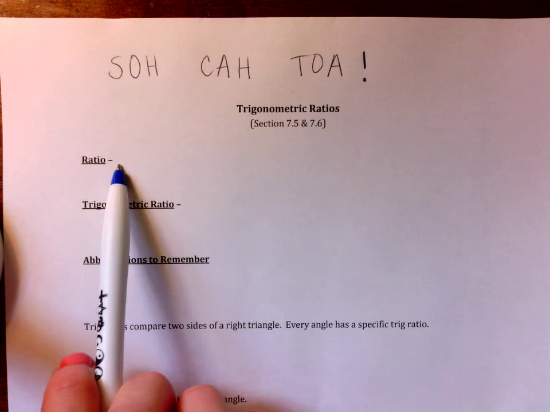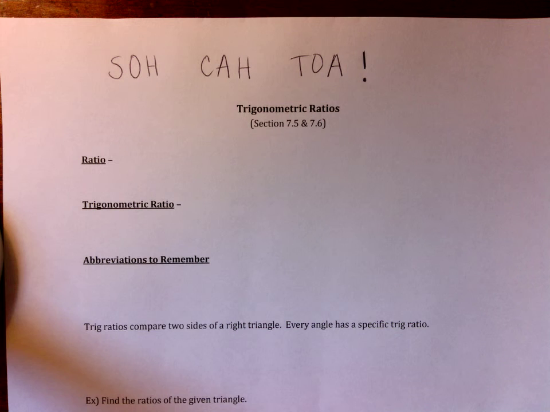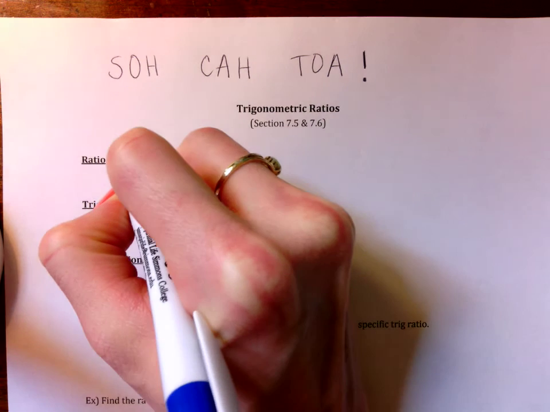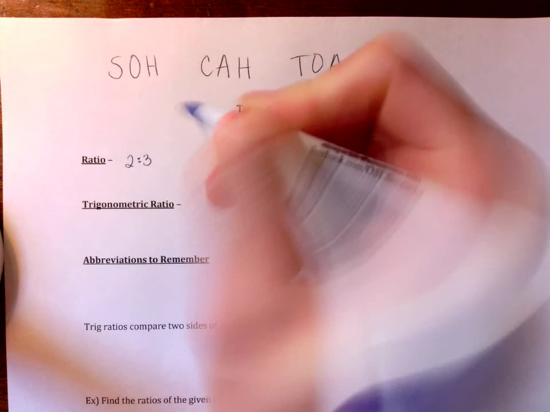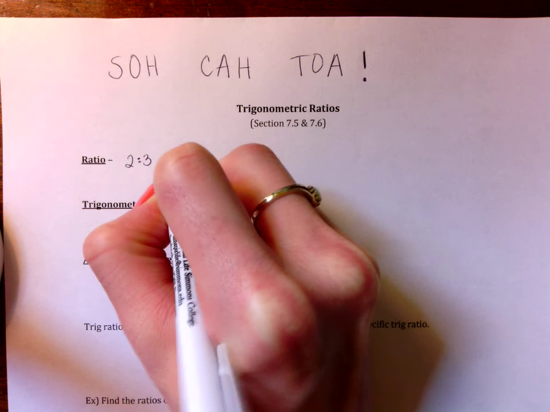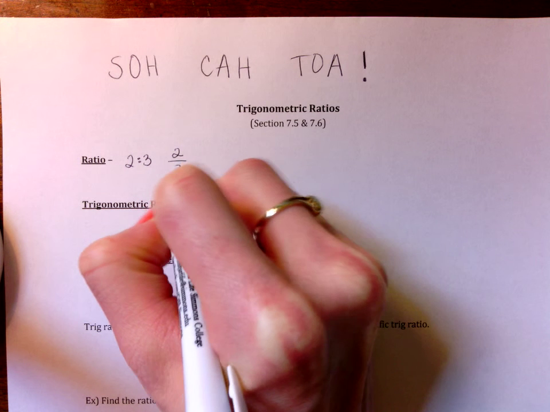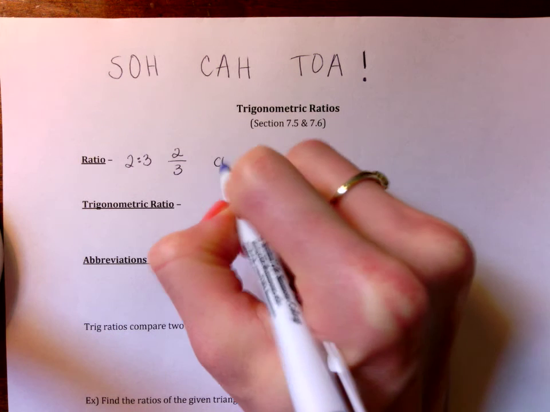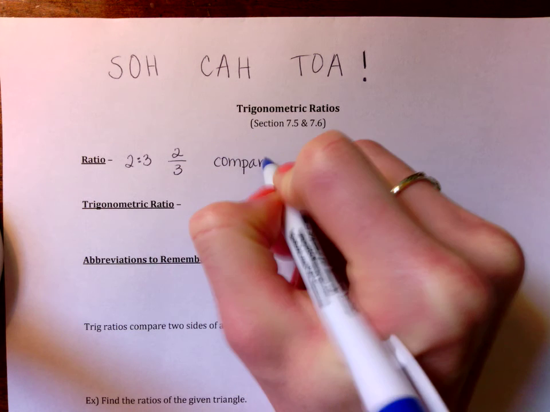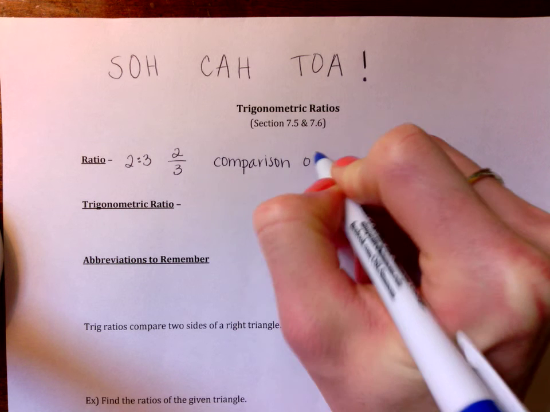So to start with, let's talk about ratios. You know ratios; in the past you've seen things like 2 to 3, or we can also write them as fractions. A ratio is basically a comparison of two quantities.